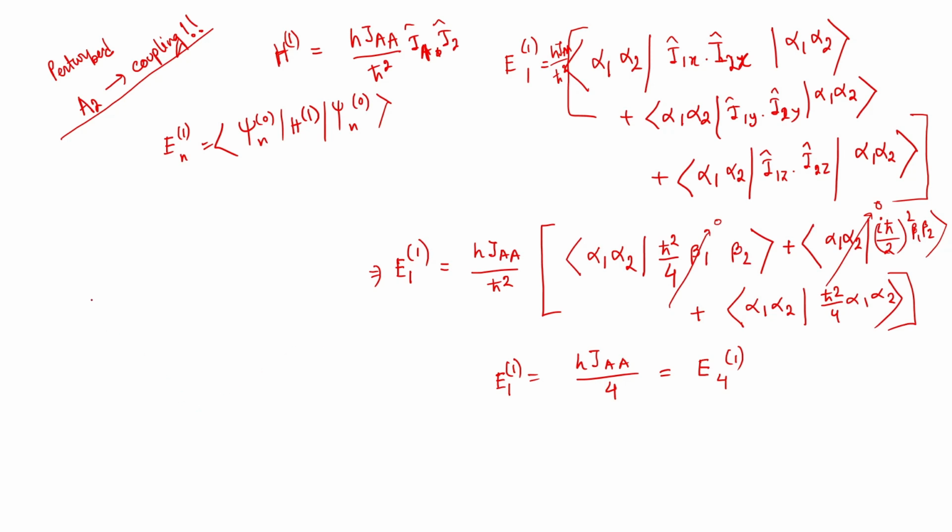And next, let us see what you will get as the first order correction to the second thing. So this is actually going to be quite broad. JAA. Let me do it in the next page.